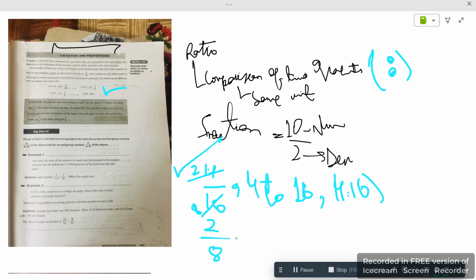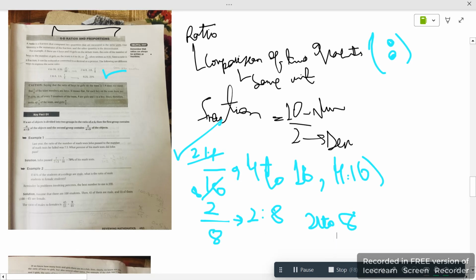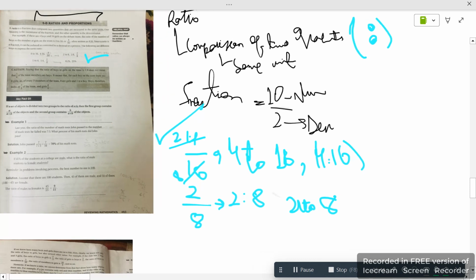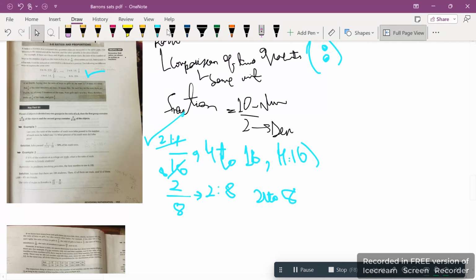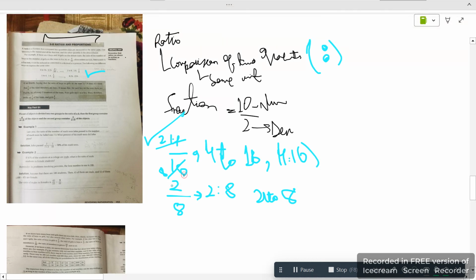The ratio of this could be 2 ratio 8, or 2 to 8. But this could still be divided more, because 2 1s are 2 and 2 4s are 8. So we can also write 1 to 4, or 1 ratio 4.